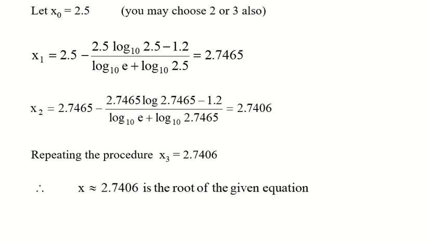You can use the same formula. x3 will be 2.7406 minus 2.7406 into log of 2.7406 minus 1.2, divided by log e to the base 10 plus log of 2.7406 to the base 10, and you will get 2.7406. Since the two approximations x2 and x3 are the same, we can conclude that x equal to 2.7406 is the root of the equation.